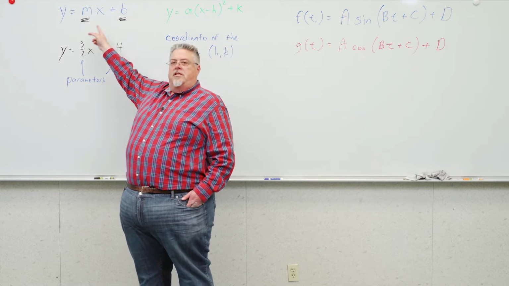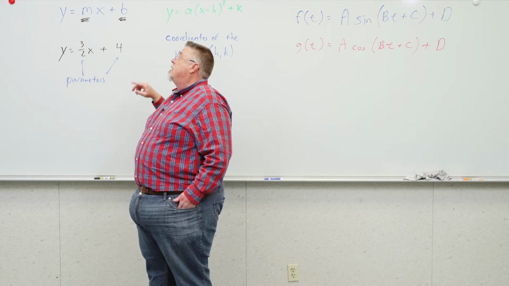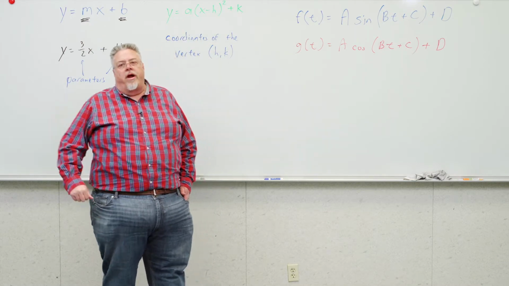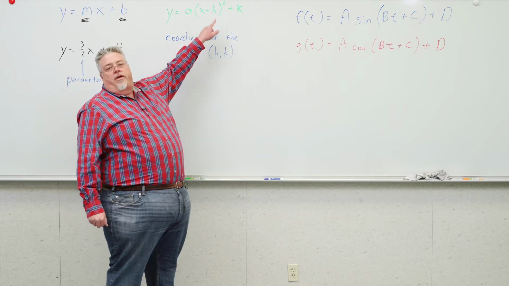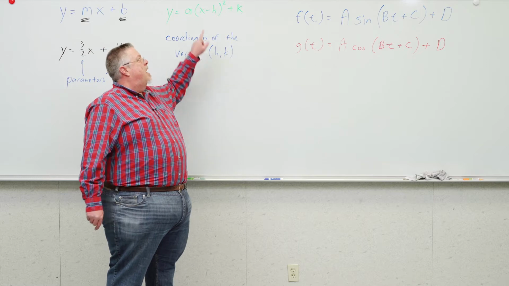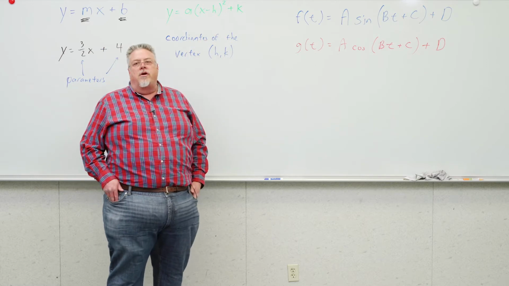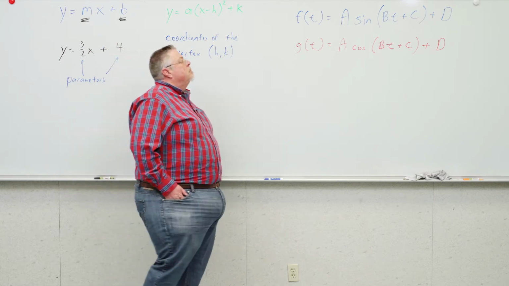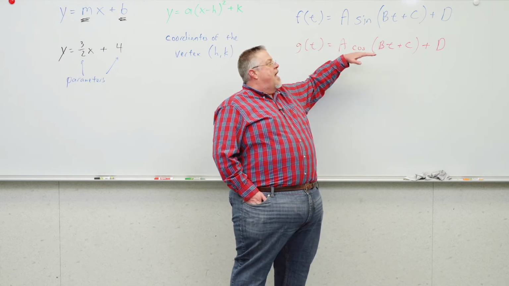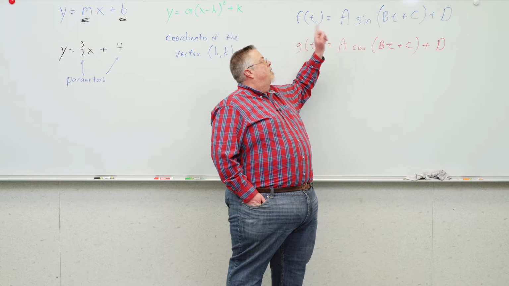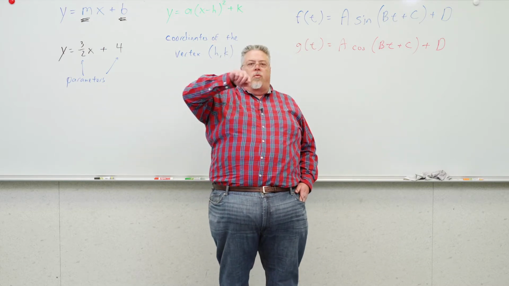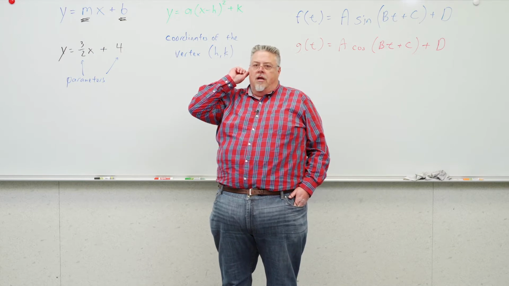These just told you how steep it was and where it hit the y-axis. You know the basic shape of this is a parabola. To graph the parabola, you need to locate the vertex and then get a couple points on either side to figure out where your U shape was going to go. As you saw from what you've done previously, the graph of sine of t and the graph of cosine of t make these waves that go on forever.